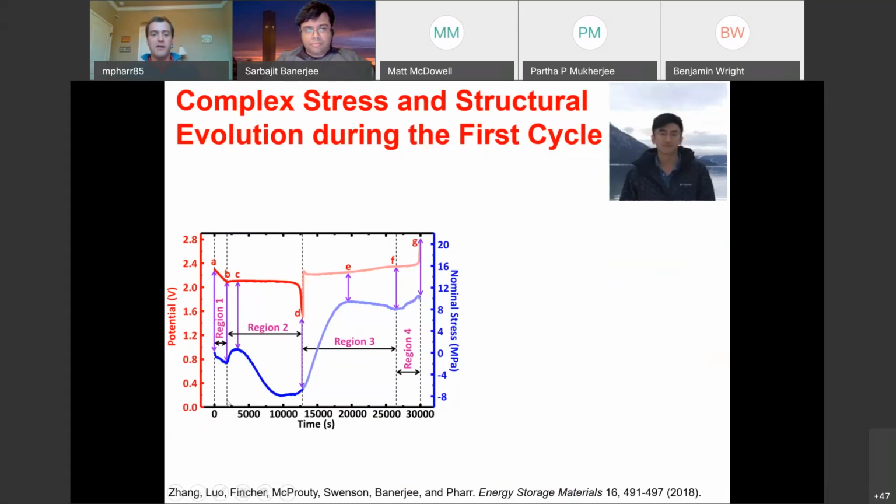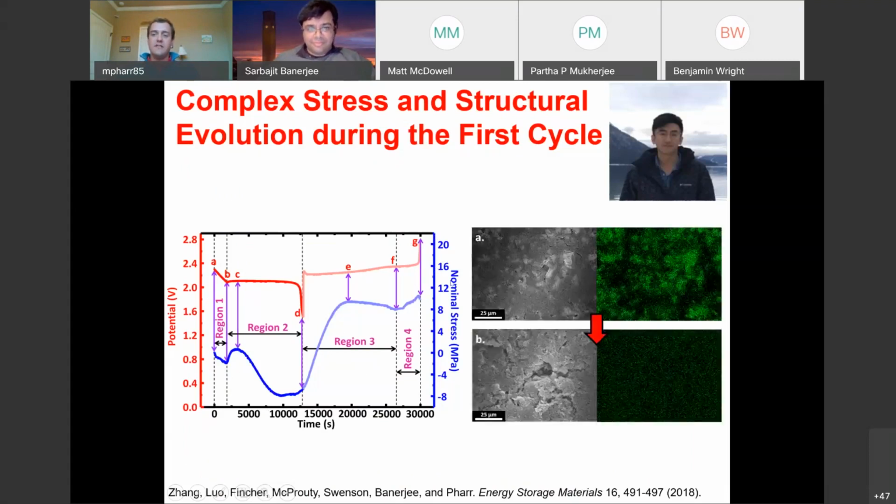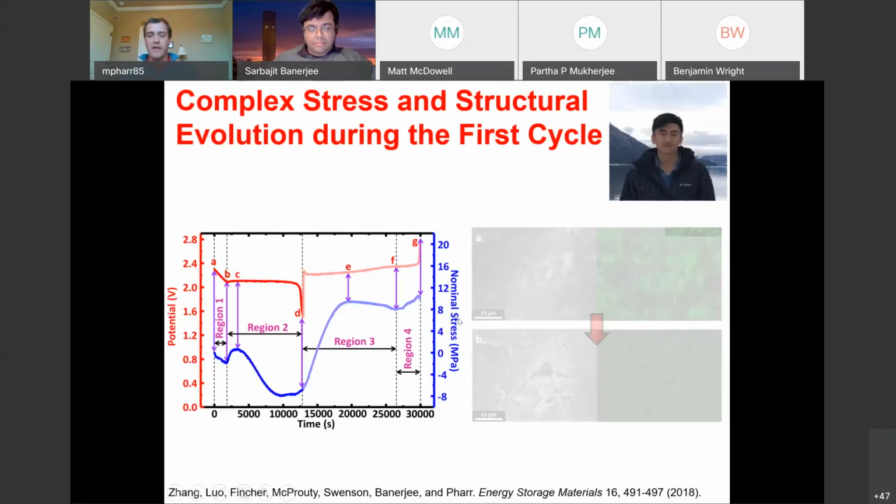And as you can imagine from this complex phase reactions, we also get complex mechanics. And in particular here in the blue is the stress as a function of time. Instead of just going compression during lithiation, back to zero during delithiation, we get all kinds of bumps. So sort of down, up, flat, up, down, that kind of thing. And the reason this happens is because of these phase transformations. So this green is the EDS signal for sulfur here. You start with the relatively dense network of this sulfur in your carbon. Between A and B here, that gets dissolved, so we remove residual stress from fabrication.